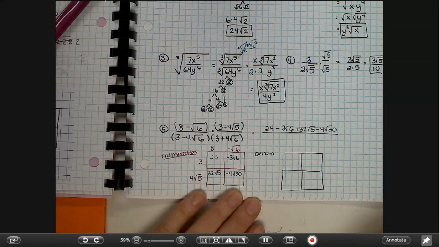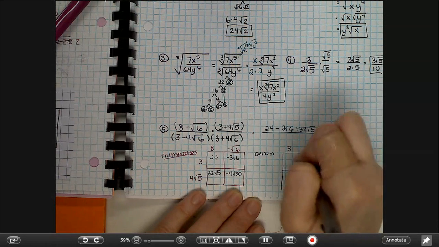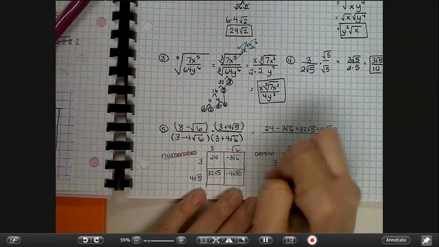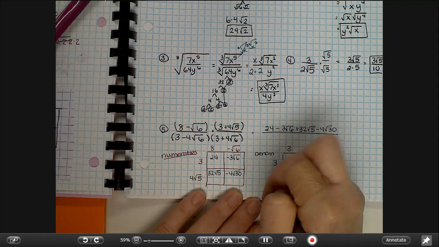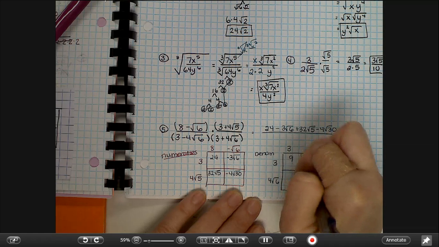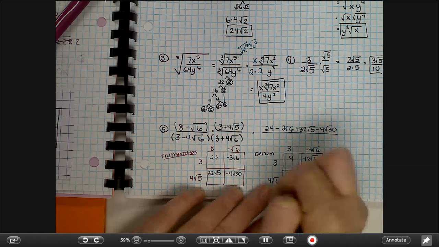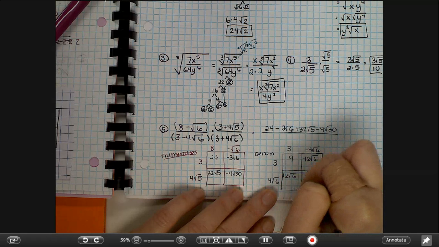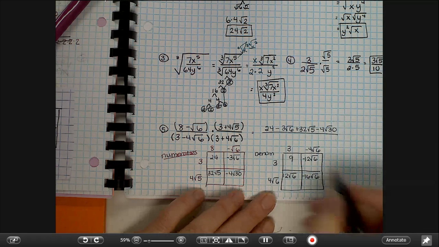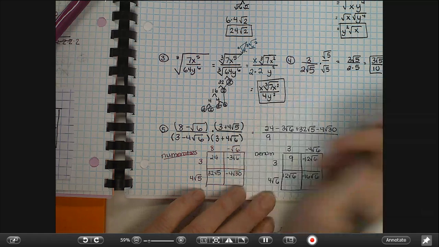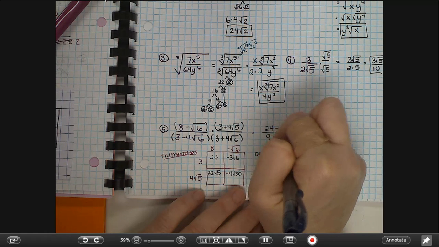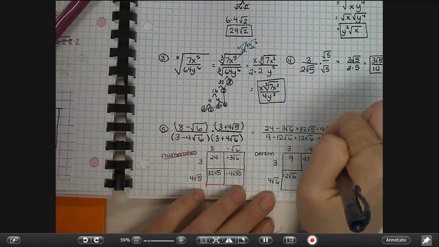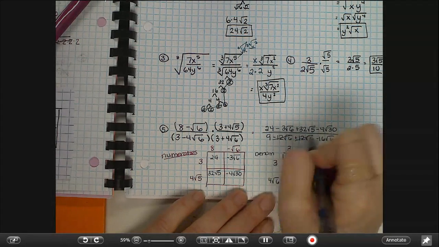We're going to make a box, and we're going to put in our headings. 3 times 3 is 9. 3 times negative 4 root 6 is negative 12 root 6. This is going to be positive 12 root 6 and negative 16 root 6. When we put these here, 9 minus 12 root 6 plus 12 root 6 minus 16 root 6, you can see that these two middle terms will cancel.